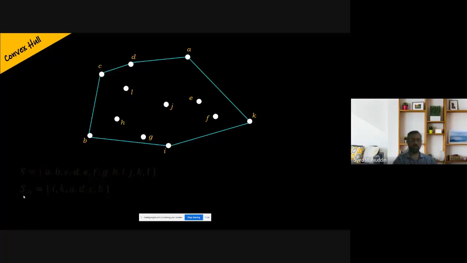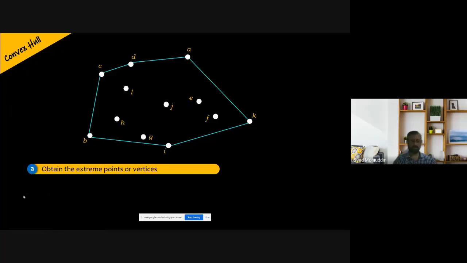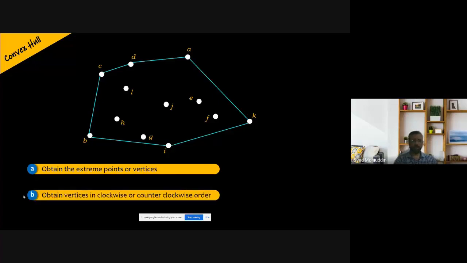Now let us try to look at the solution for this. To solve this problem, we need to obtain the extreme points, or we can call them vertices also. And there are two approaches. From one of the extreme points, we can start in a clockwise or anti-clockwise direction. And it's like a thread.